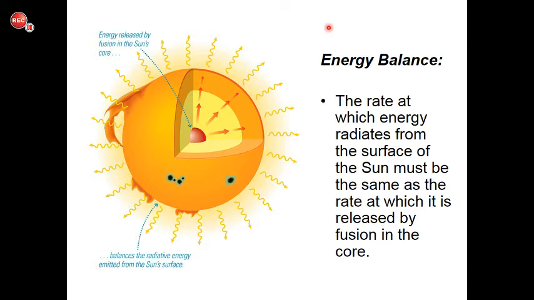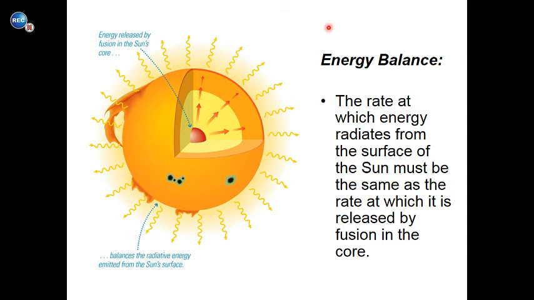If there's less energy produced for some reason, the star contracts and it pushes the particles closer, causes more fusion, and pushes the star back out. And so the sun's day to day, year to year, stays the same size and keeps the same rate of fusion and same energy production.